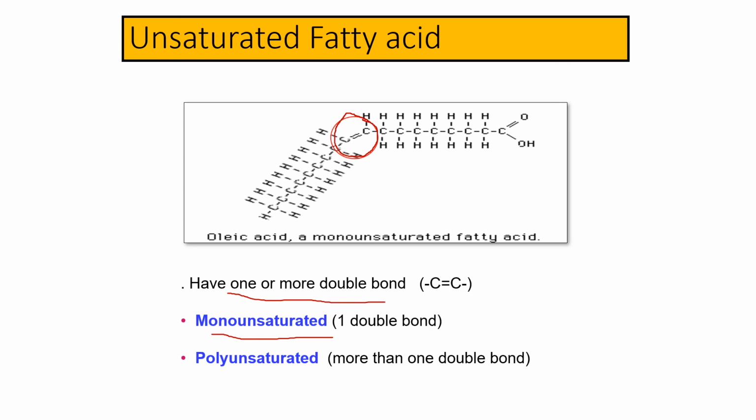If it has more than one double bond, it is known as polyunsaturated. At the double bond, the structure will form a kink, which means it bends.